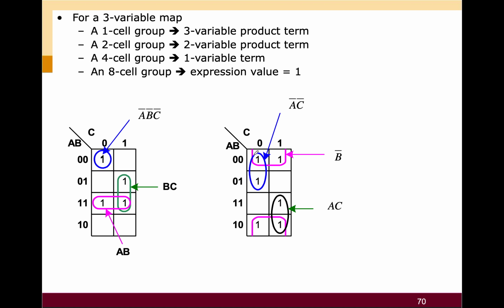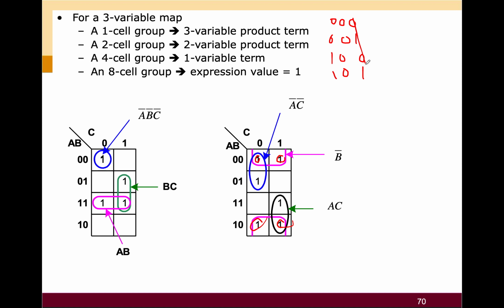Over here, for this one, you will have 0, 0, 0. And then this one is 0, 0, 1. This part is 1, 0, 0, and then 1, 0, 1.